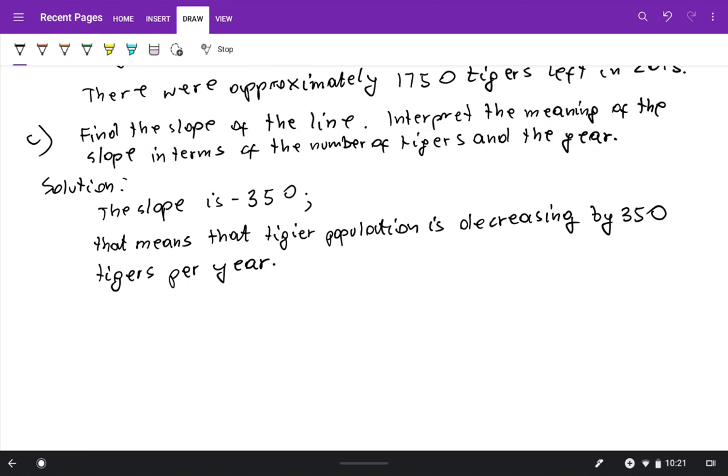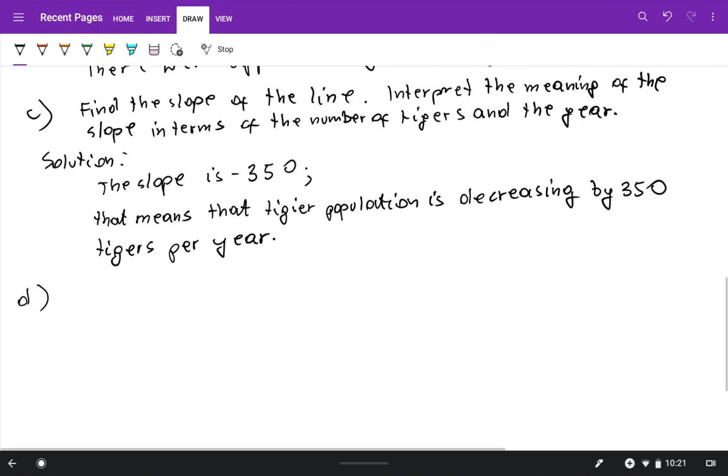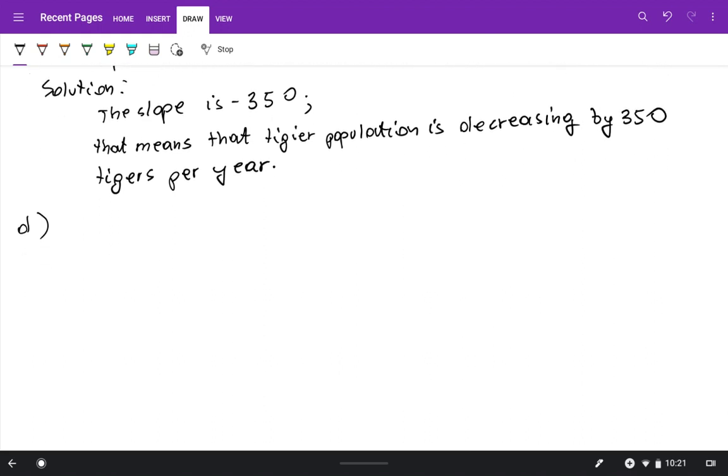Okay, and let's do one more, D. In D, I want you to find the x-intercept, and then when you find that x-intercept, interpret.